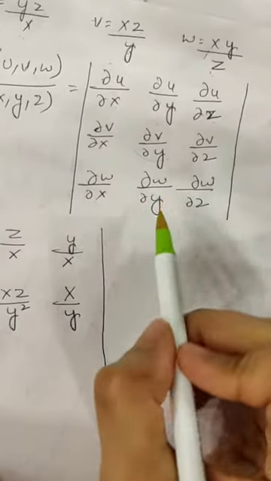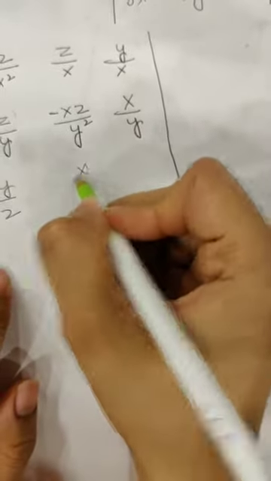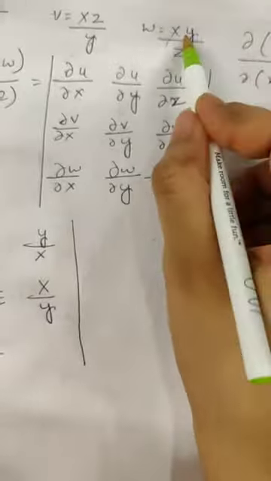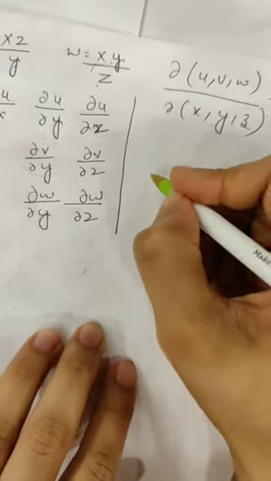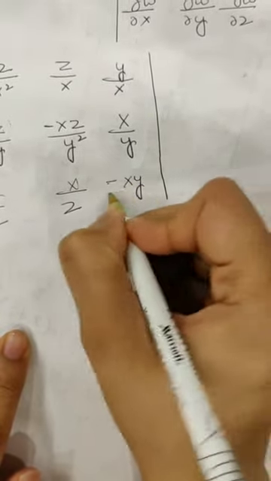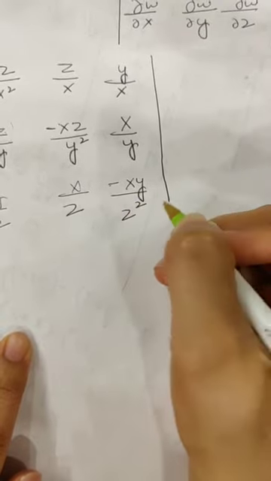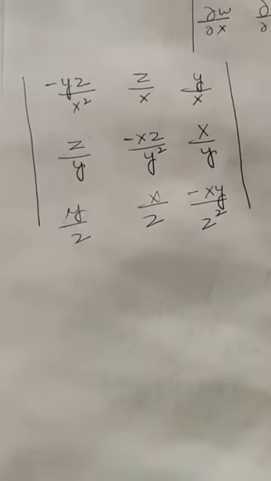Differentiating it with respect to y becomes x by z. Differentiating with respect to z, xy is constant and 1 by z becomes minus 1 by z square, so this is minus xy by z square. Okay, so this is the matrix that we have obtained.